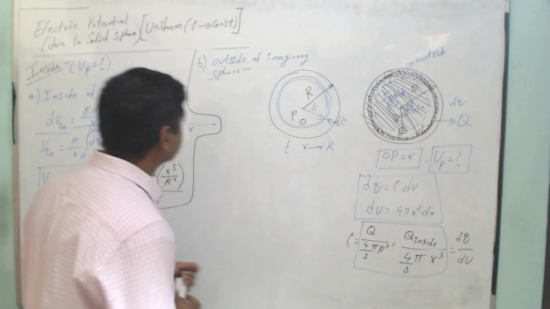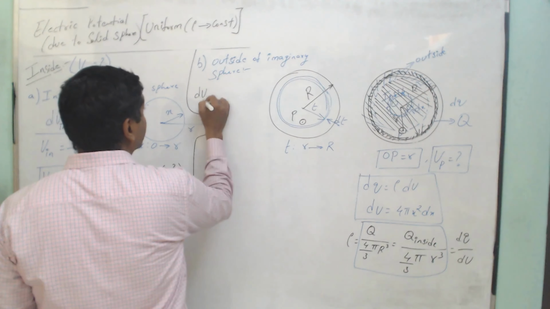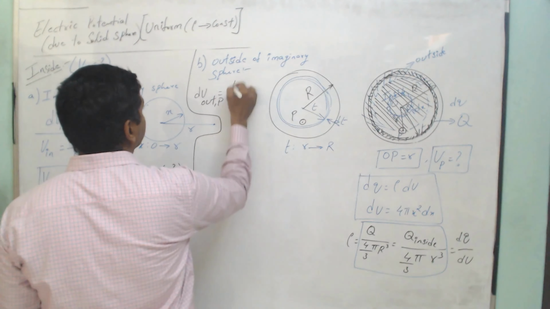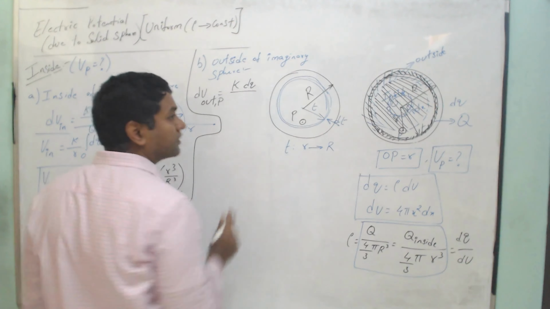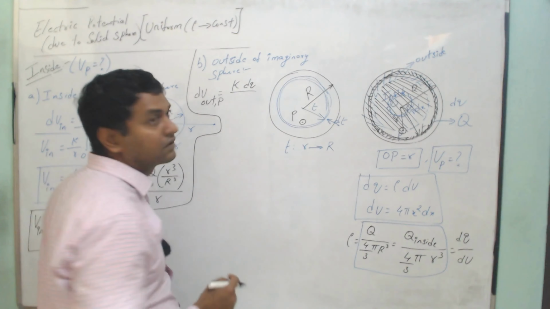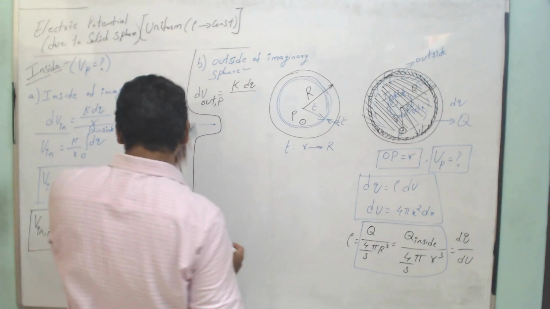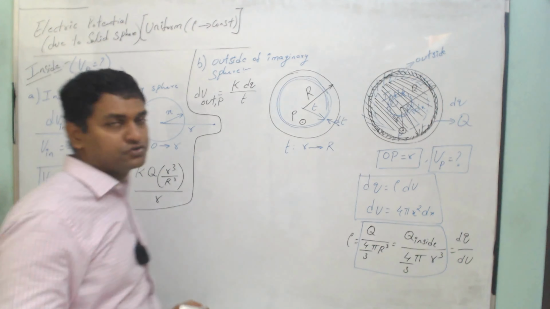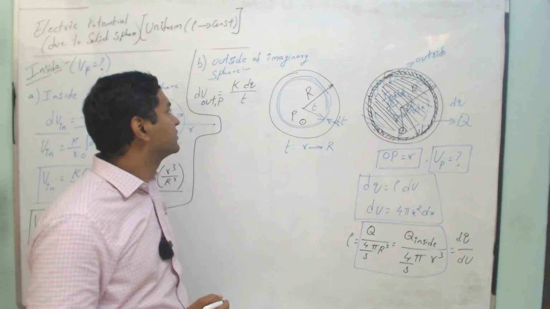In this case, I will get my dV due to outside at point P is equal to k dq divided by t, the radius of my hollow sphere, which is t in this case. Correct?